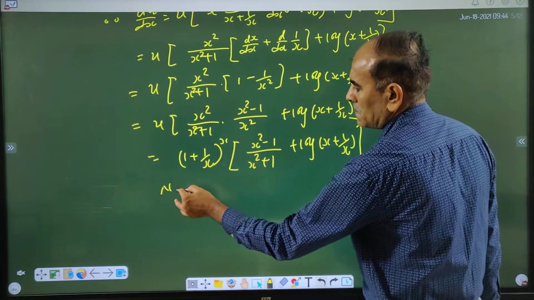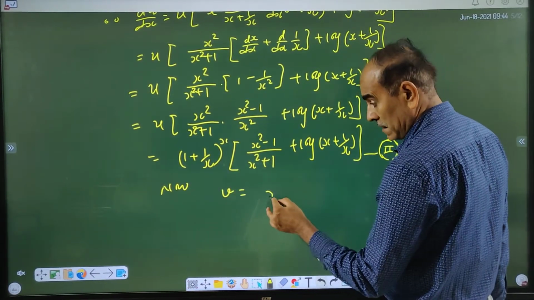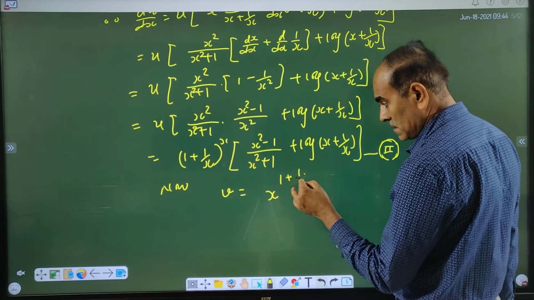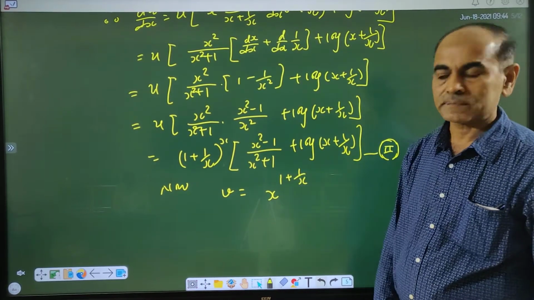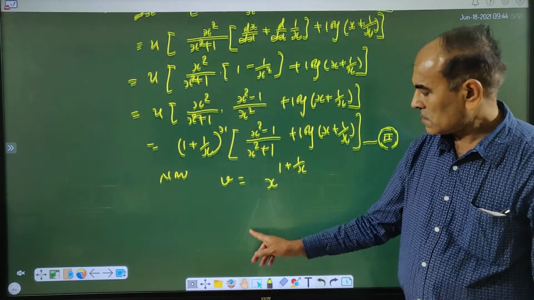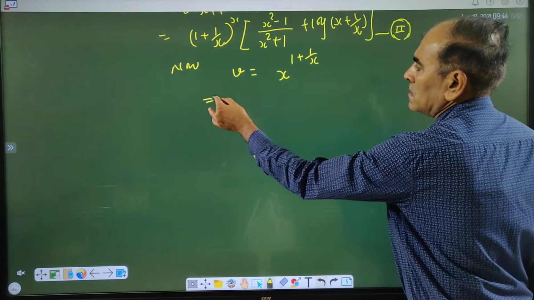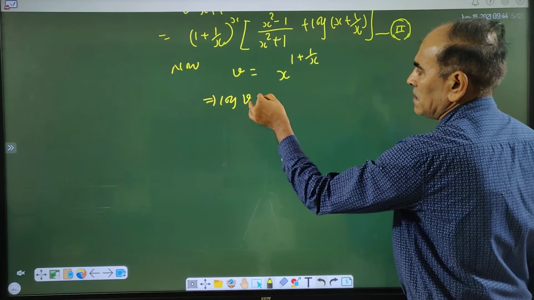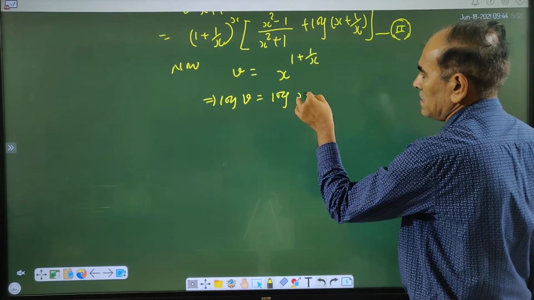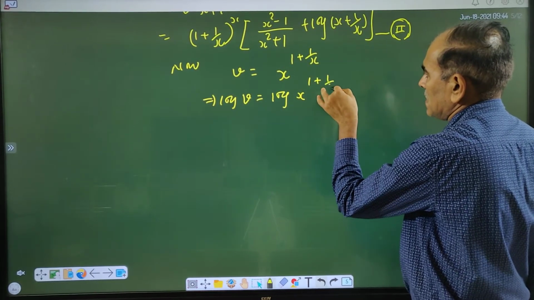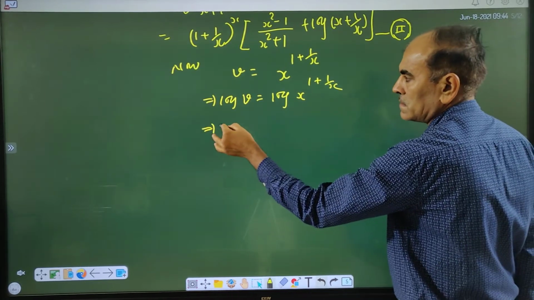Now what is v? x to the power 1 plus 1 by x. So next what? Differentiate. So as usual we'll take log on both sides. x to the power 1 by x.